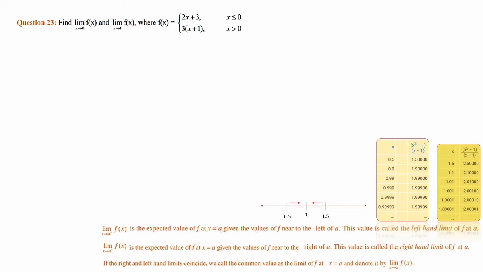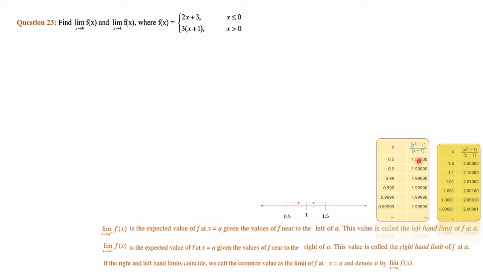Another one we have learned is limit x tends to a plus f of x is the expected value of f at x is equal to a, given the values of f near to the right of a, means these values, right side of a, here it is shown. And this value is called the right hand limit of f at a. If the left hand and right hand limits coincide, we call the common value the limit of f at x is equal to a.